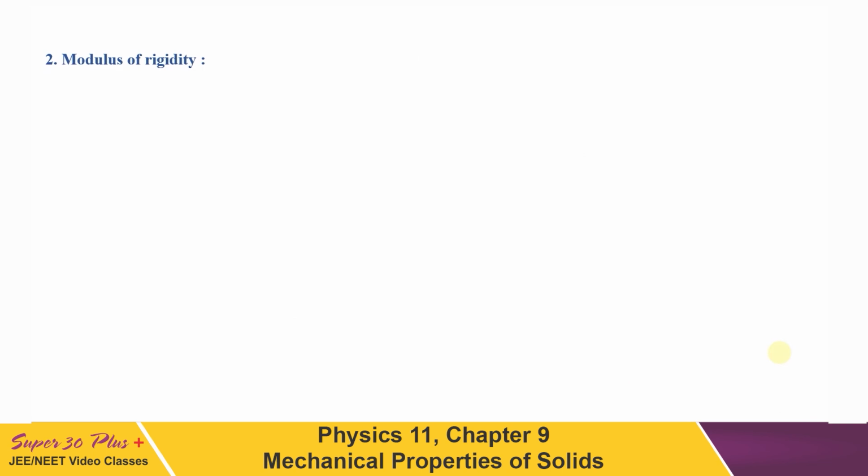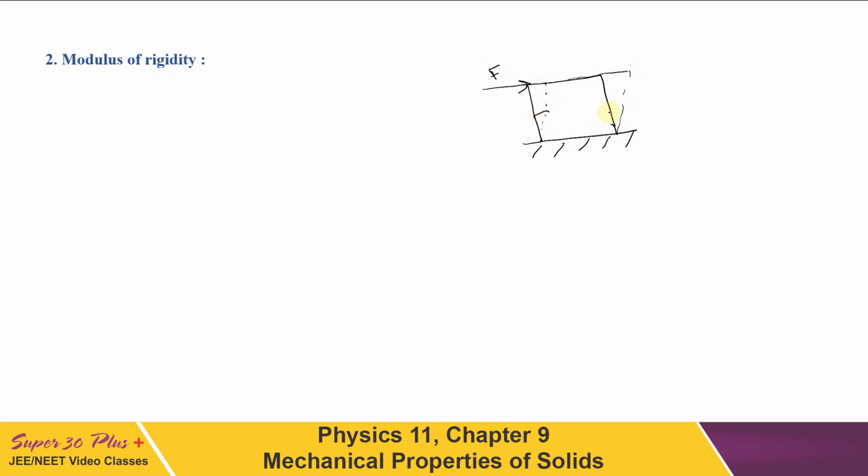Whenever there is tangential stress applied, as I had discussed earlier also, if this be the condition for a block, if its lower end is fixed and a tangential force is being applied on the upper block, then it gets displaced like this. There is only a change in shape. So if this angle be theta, we can define modulus of rigidity for this kind of shape change.